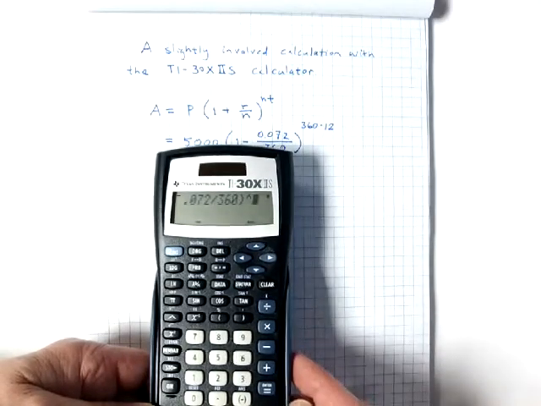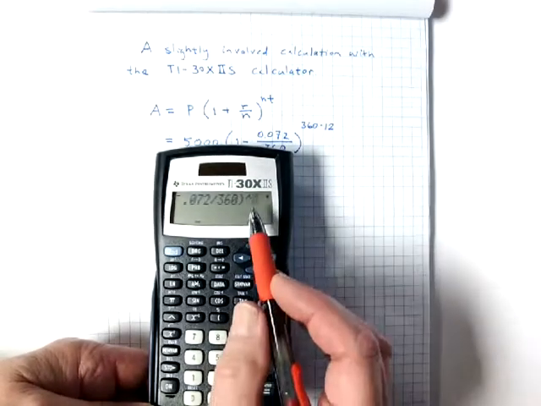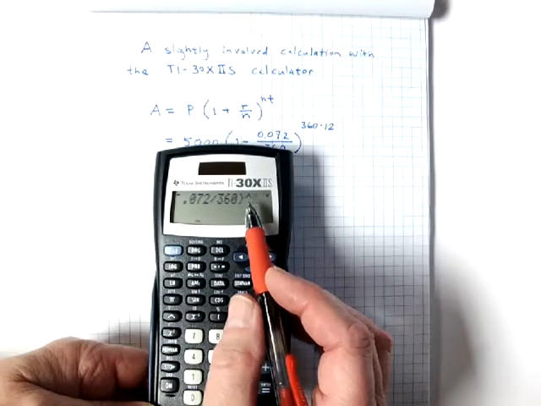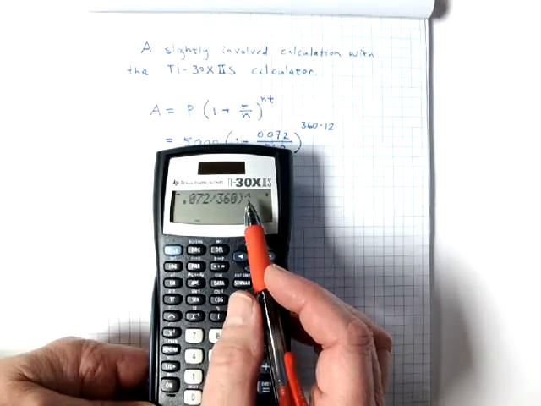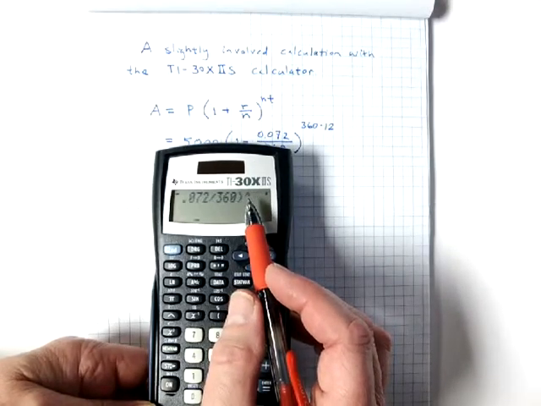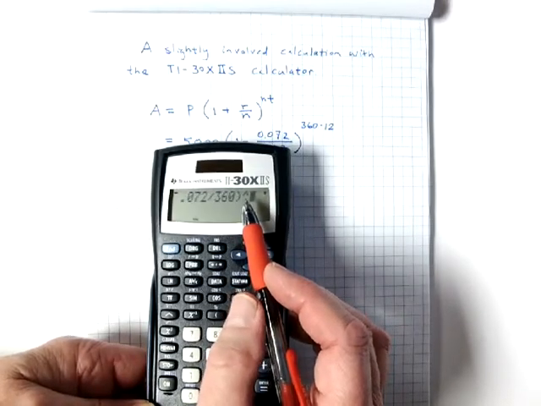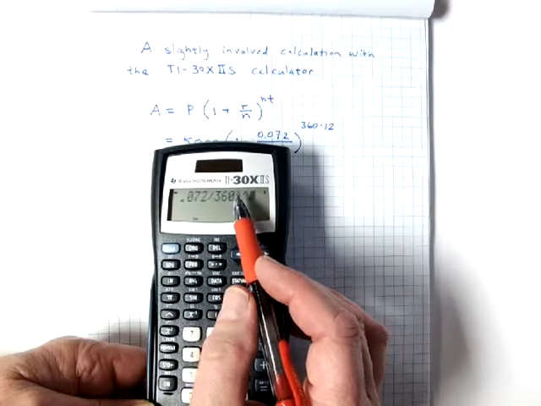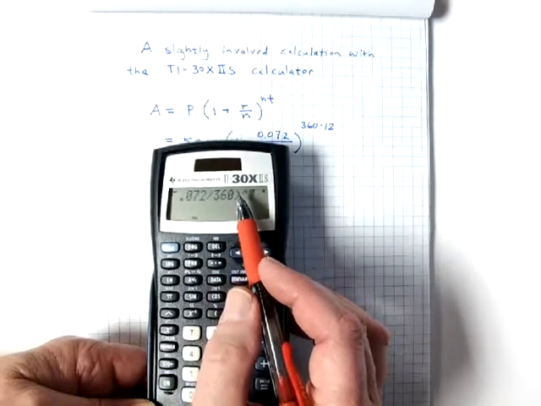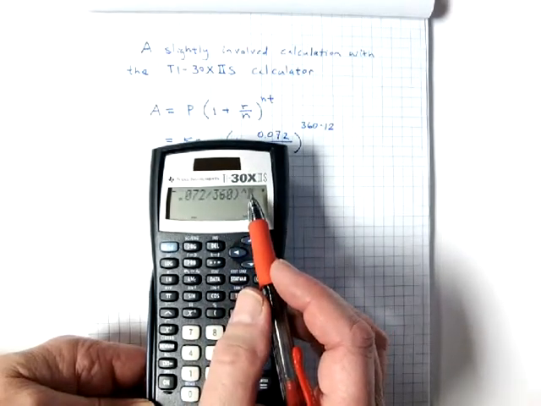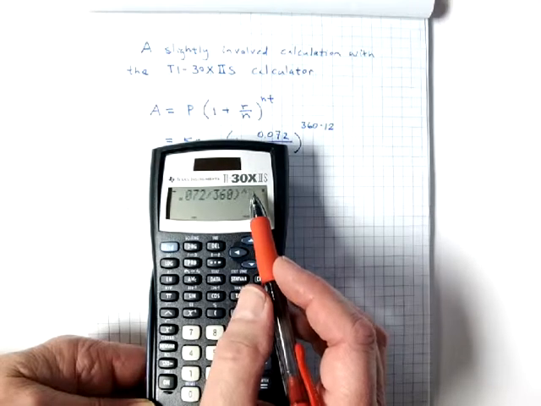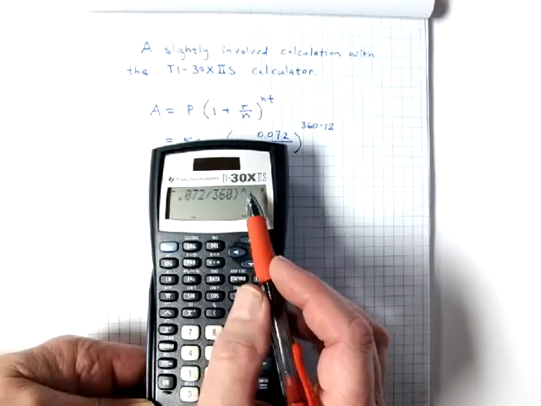Now, exponents have a higher order of precedence in order of operations. That means that they get to grab things before other operations. So this exponent would grab immediately what's before it, the result of the parentheses, and immediately what's after it, the 360, and exponentiate only with those numbers.